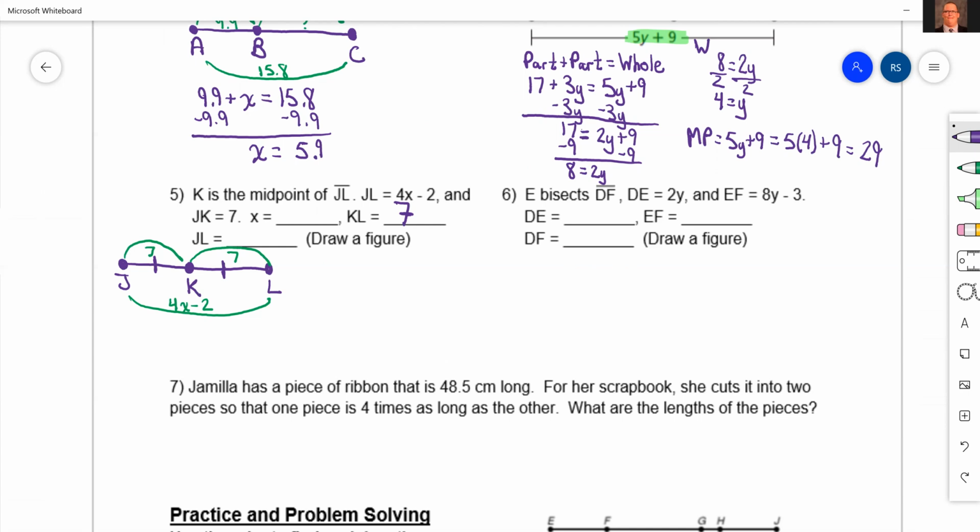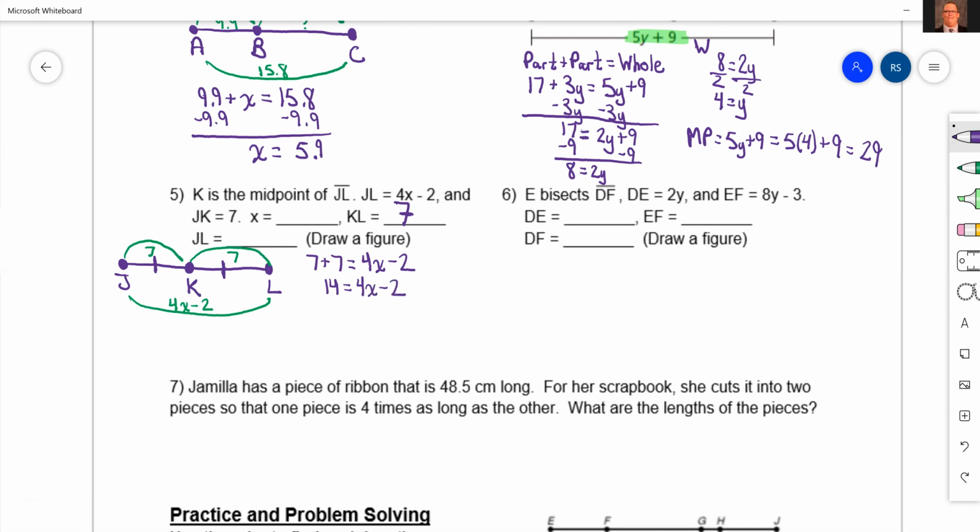Okay, so now let's figure out what X is. We can do part plus part equals whole. So 7 plus 7 equals 4x minus 2. 7 plus 7 is 14.